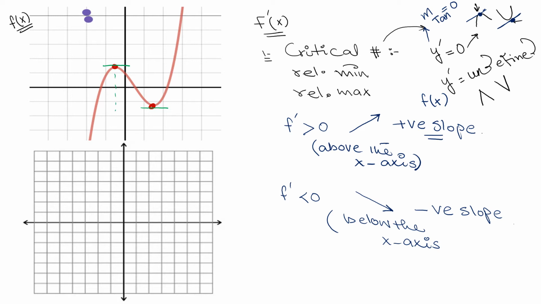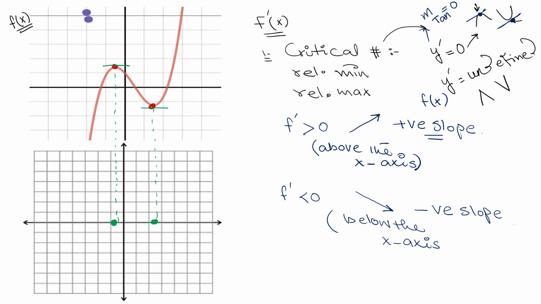Go down where you expect to draw your derivative curve and just put those points on the x-axis, because where the slope of the tangent line is 0, those are your x-intercepts where y is 0.